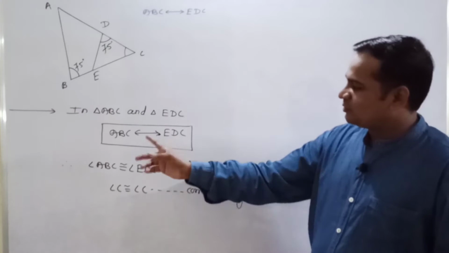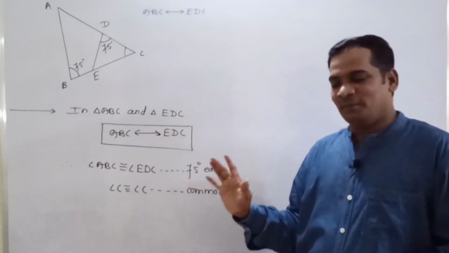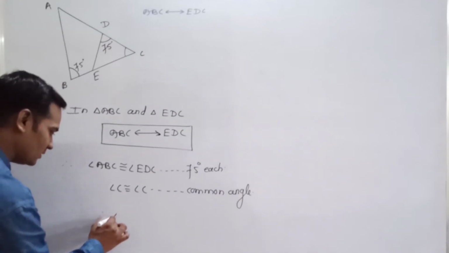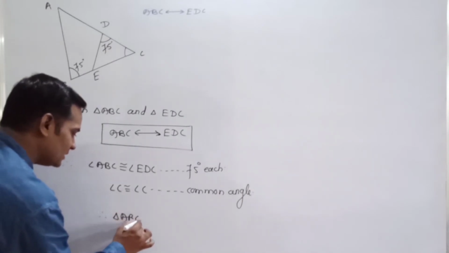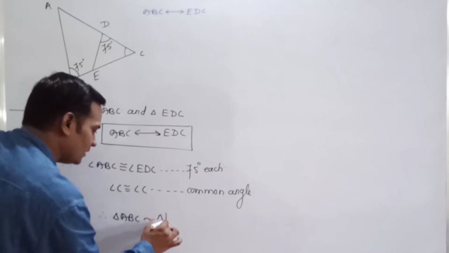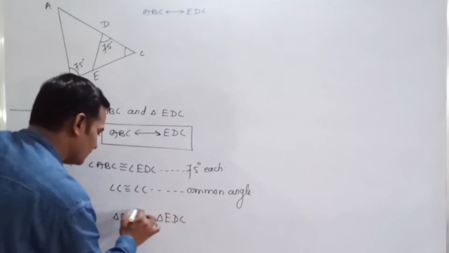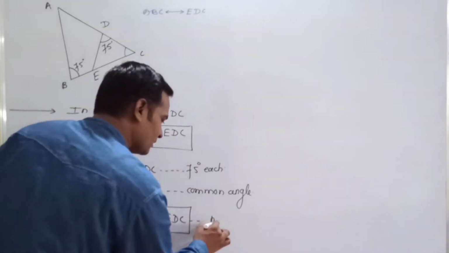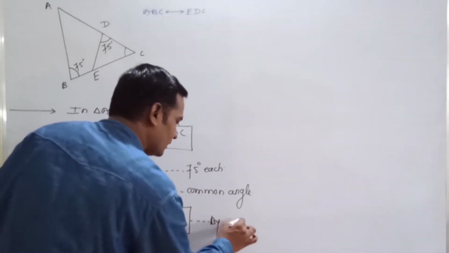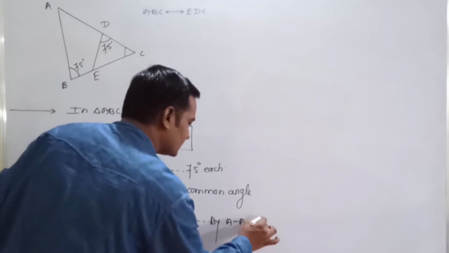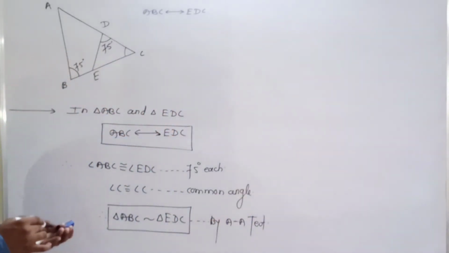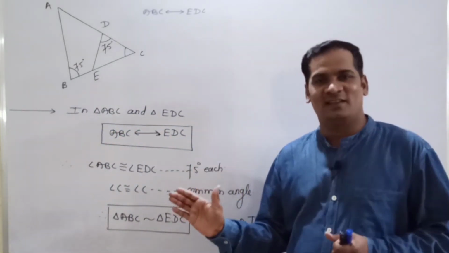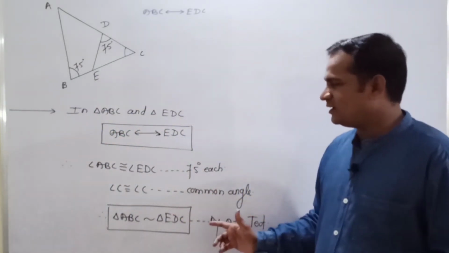In this case, two angles are congruent, therefore triangle ABC is similar to triangle EDC. How simple is this? And by which test? By the angle test.